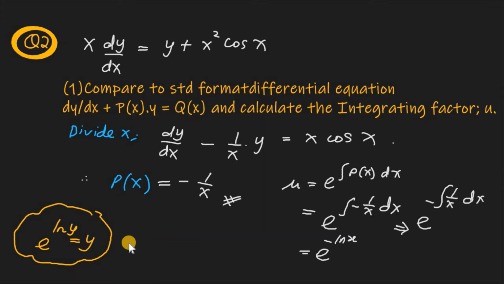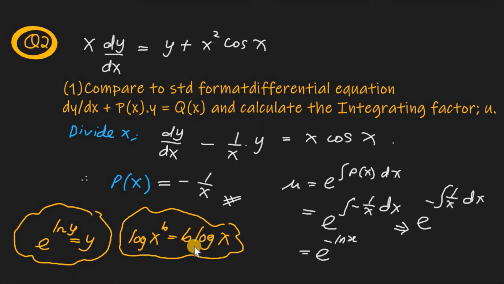We do know that whenever we have log X power B, we can bring down the B, log X, right? And vice versa. So let's bring this B so that it becomes ln X power negative 1, so that now we can read it as e power ln of our Y, which is X power negative 1.